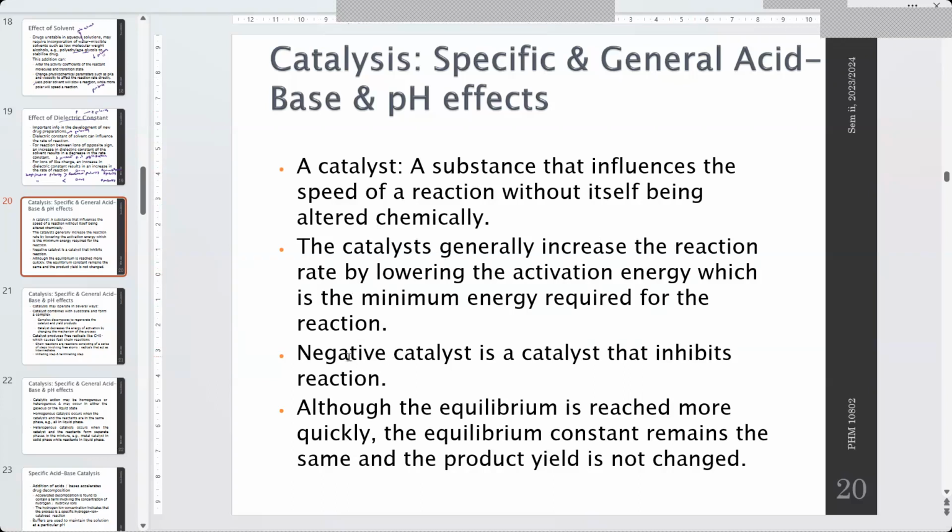But sometimes the catalyst can suppress, we call it negative catalyst in this case, if it will inhibit the reaction. Our problem is usually about the catalysts that will increase the degradation rate. And we can add some materials that will stabilize our drug to increase its stability, which is called as negative catalyst.